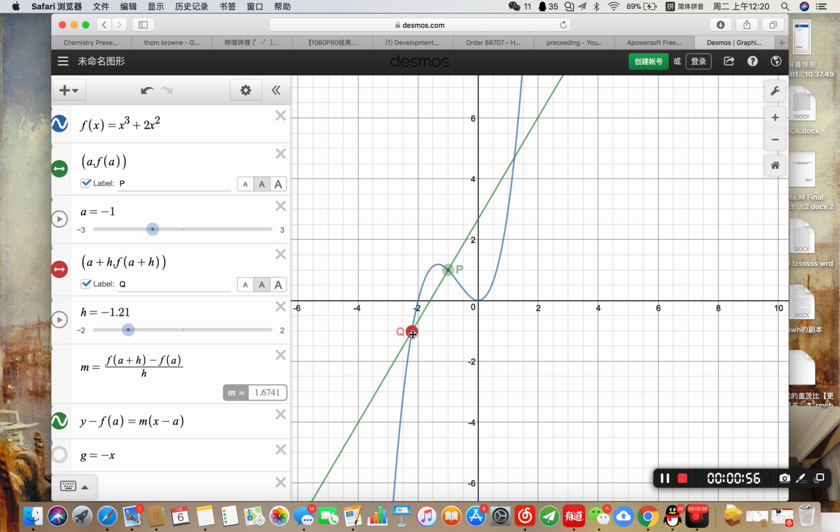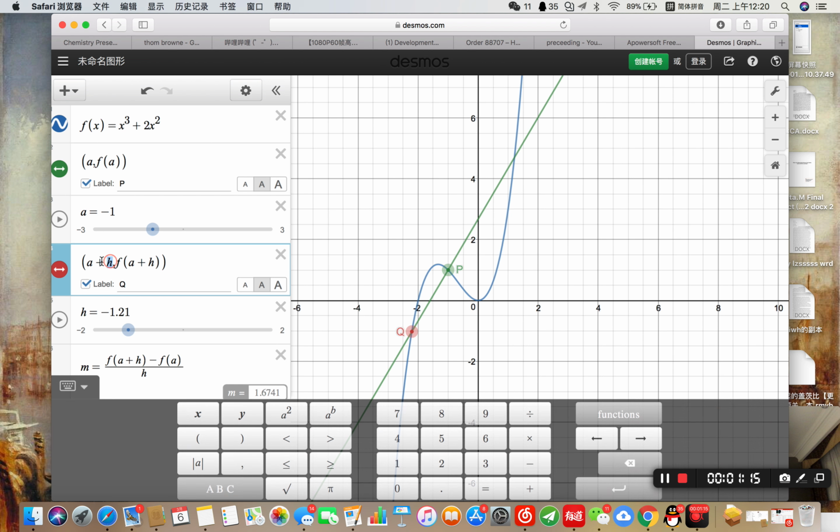So we have 2 points here, the P point and the Q point. The P point has an x value a and the y value f(a). The Q point has an x value a plus h and the y value f(a + h).